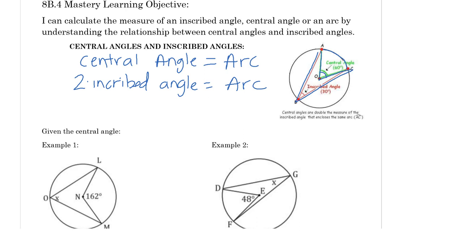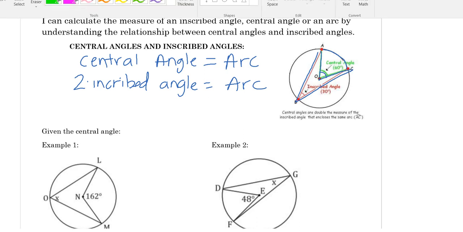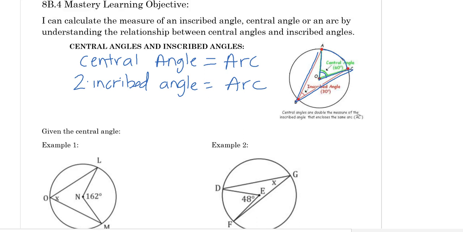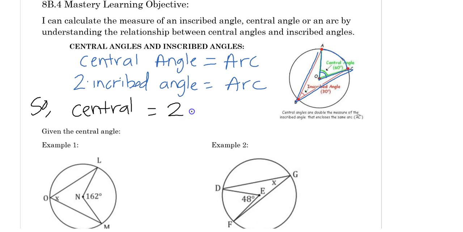So if the central angle equals the arc, and 2 times an inscribed angle also equals the arc, what we can say then is a central angle also equals 2 times an inscribed angle. Right? Because saying a central angle is the same as saying the arc that it intercepts.